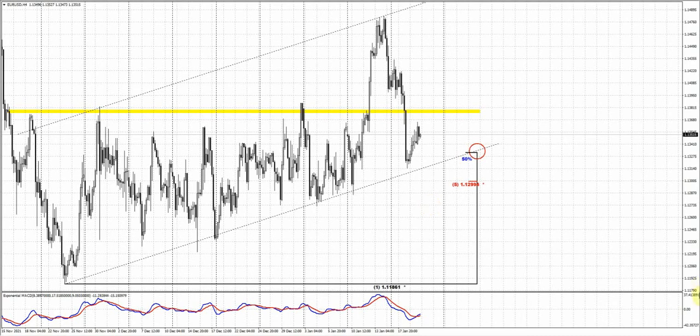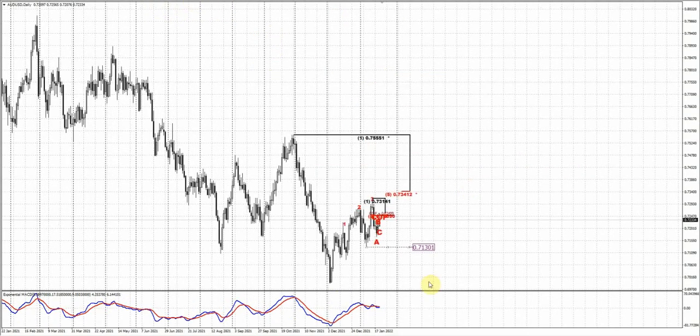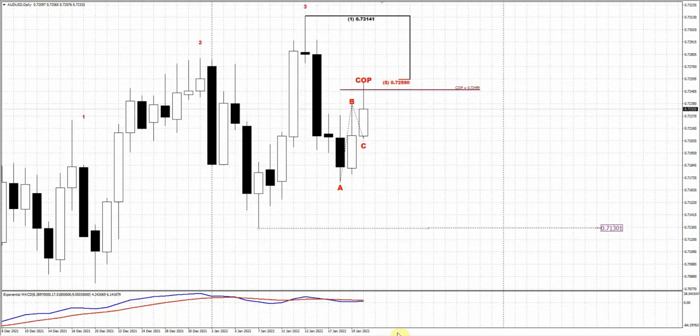For example, if you take a look at the Australian dollar on the FX Choice chart, here it's the 4-hour time frame, but on the daily chart, with this spike up, it will be a bit messy picture, so you do not see it, but I will try to show you. On the daily chart, with this spike up, you do not have the bearish grabber. Of course, this session is not closed yet, so everything could change, for instance if the market jumps up and closes above this resistance. But currently, on the FX Choice chart, you do not have the grabber.